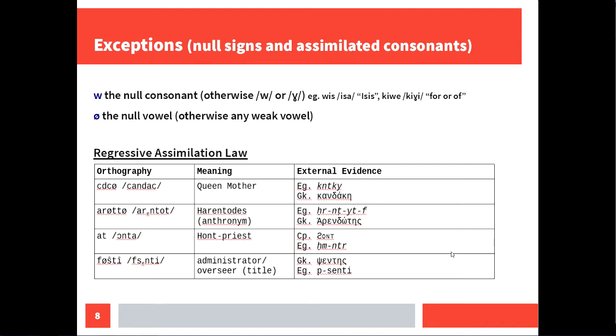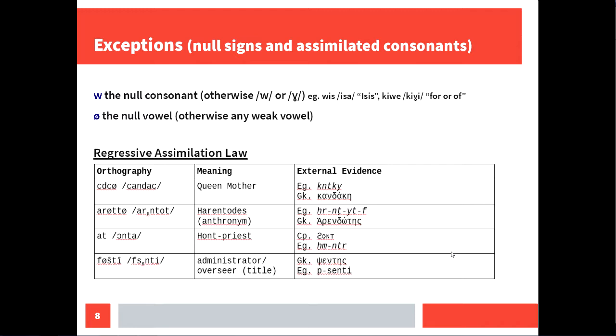Probably the best attested independent morpheme in the Meroitic language that starts with W is the sequence that translates to Isis, spelled W-I-S or W-O-S, as you're likely to find it in most books.